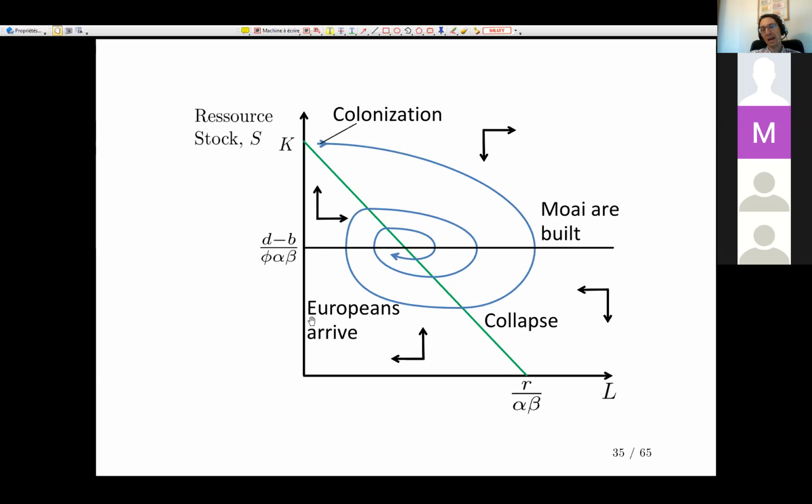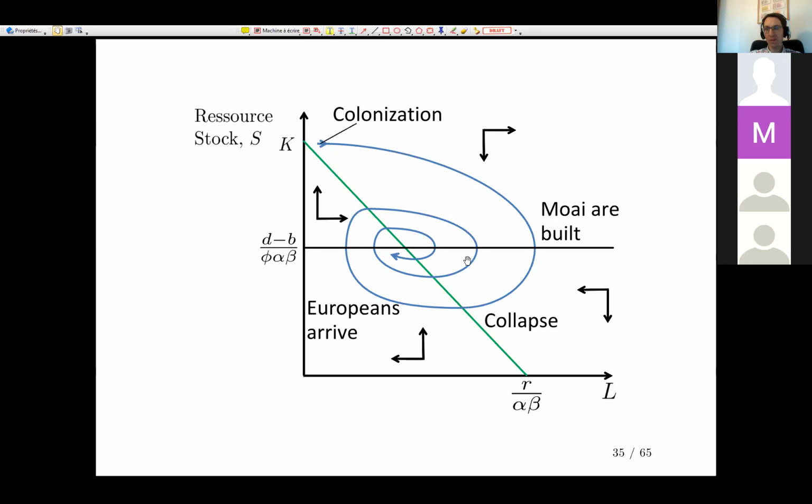But if we add some threshold, then past this threshold, if S were past this threshold, it would always decrease. So this arrow would be reversed. Starting with this, hopefully you get it more or less. So these are the two changes that he did.